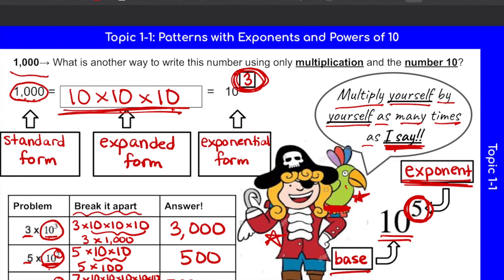Everyone should have a digital copy of their interactive notebook, so make sure you can type out all of these things. I gave you more than enough room on the digital copy that you can double click each square and type in any notes that you need to. Then at the very end of the topic, you'll have all of your notes for this topic so you can stay organized for topic 1.